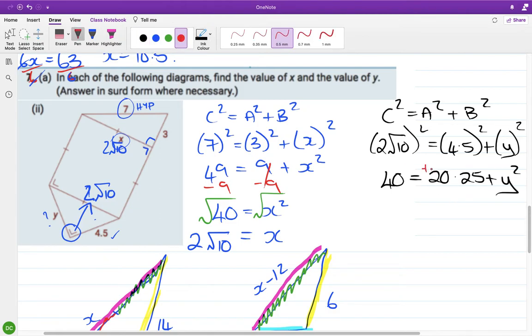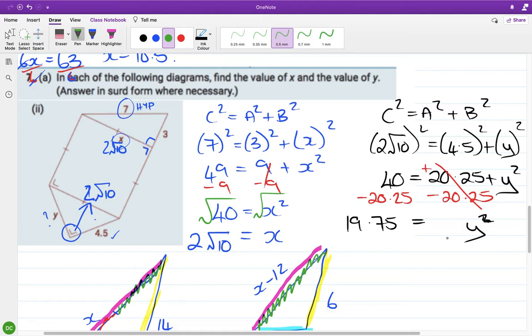Same again, this is a plus, so we get rid of it with a minus 20.25. And over here we have minus 20.25. So y squared equals 40 minus 20.25 is 19.75.